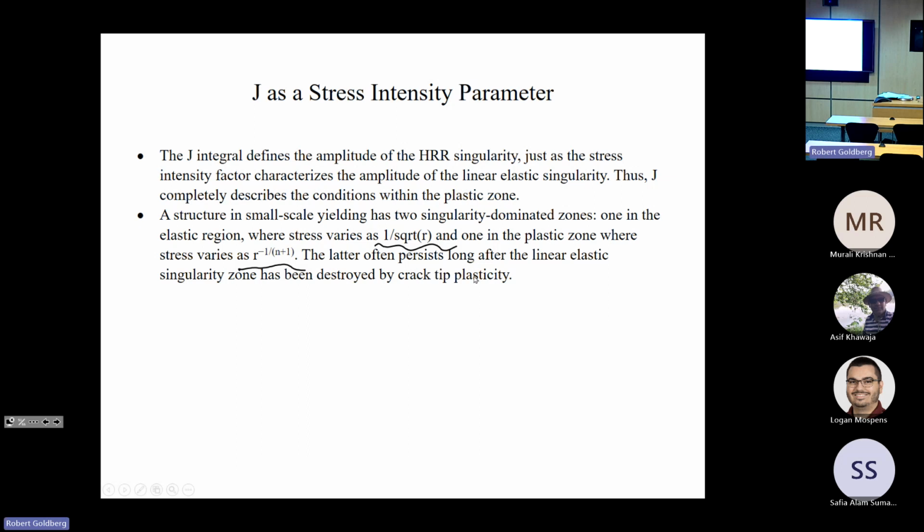This singularity zone often persists long after the period where you have lots of plasticity, and your elastic assumptions are no longer valid.